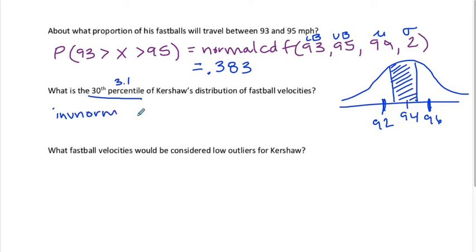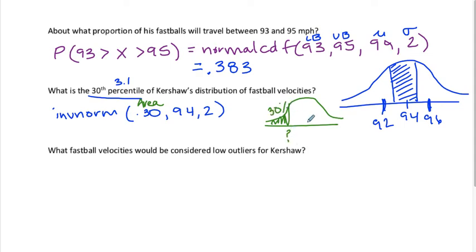We know the area we want is 30th percentile, and we have the average, 94 still. We have the standard deviation, 2. So now we have area, and percentiles are to the left, so whatever we have to the left is 30% of this observation. We don't know what it is. Still centered at 94 with a standard deviation of 2.